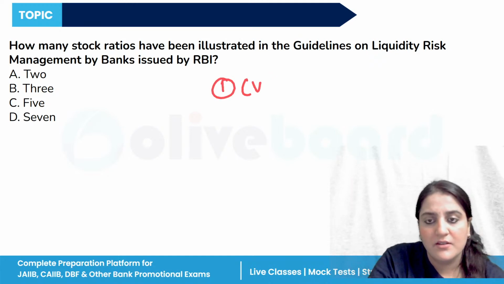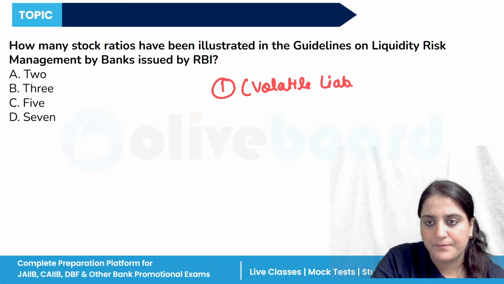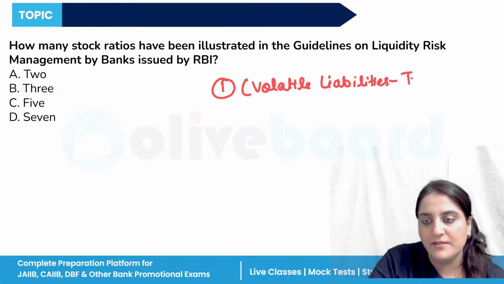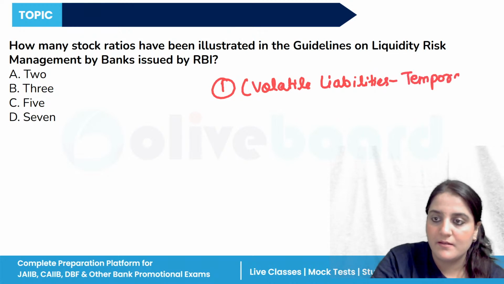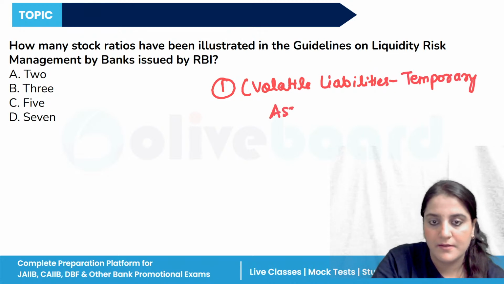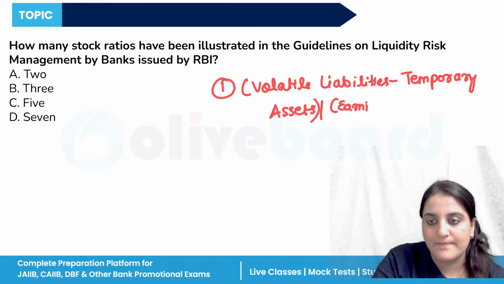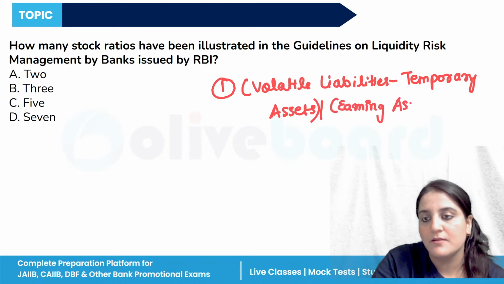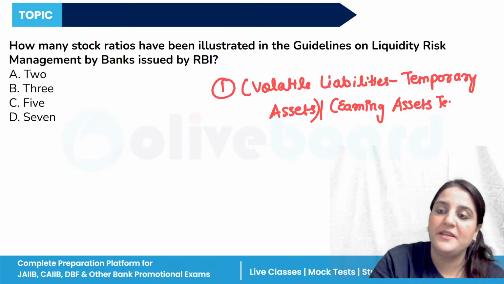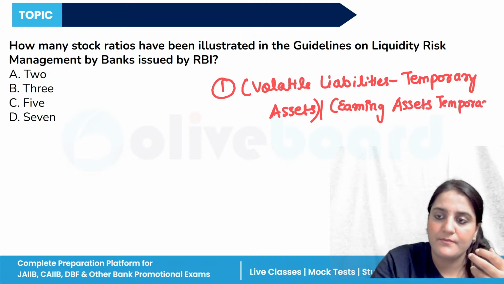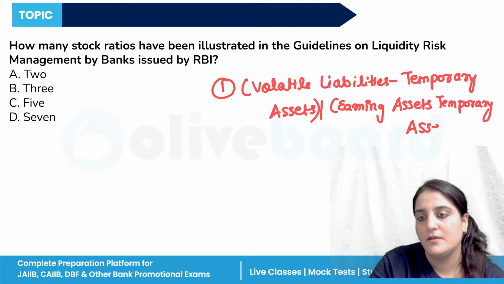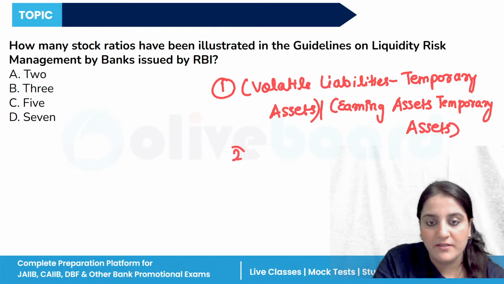First one is volatile liabilities minus temporary assets divided by earning assets minus temporary assets. Okay.